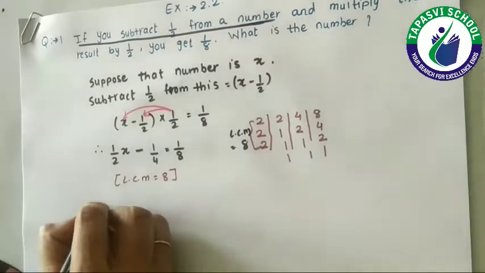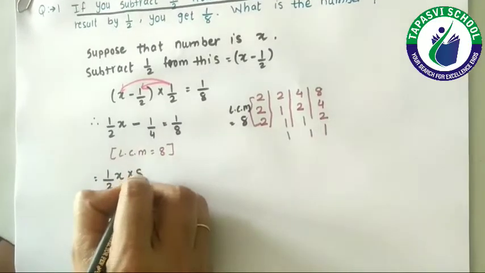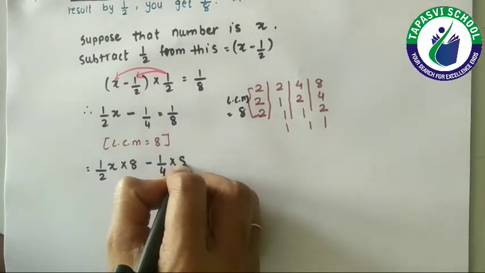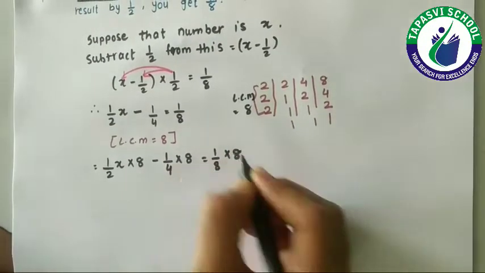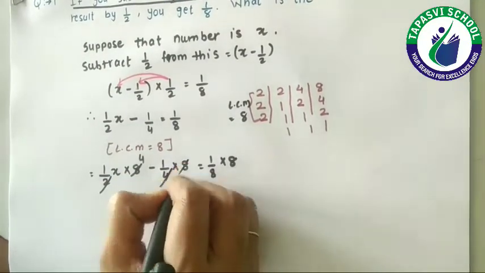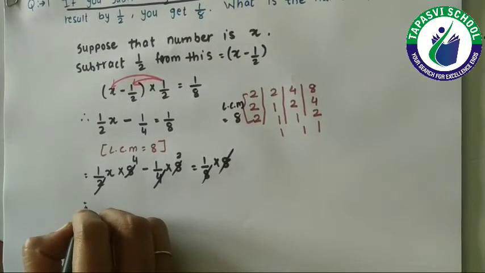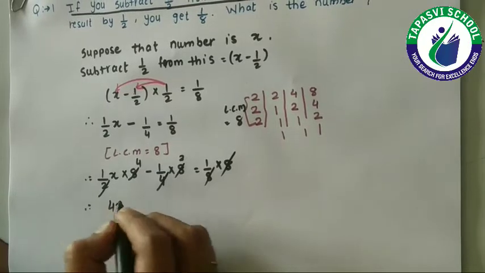Now multiply all three terms by 8. So it will become 1 upon 2x multiplied by 8 minus 1 upon 4 multiplied by 8 is equal to 1 upon 8 multiplied by 8. Here 2 4s are 8, 4 2s are 8, 8 cancel. So it will become 4 into x, that is 4x.